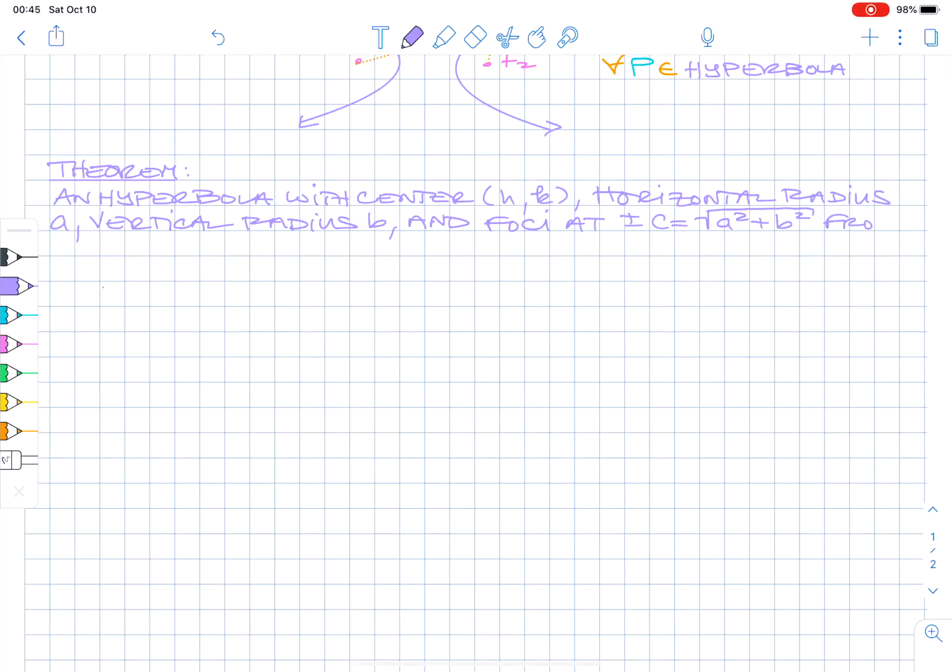Notice there's no need for an absolute value sign because it's plus, not minus. The foci are given by, and now we're going to have two distinct definitions.